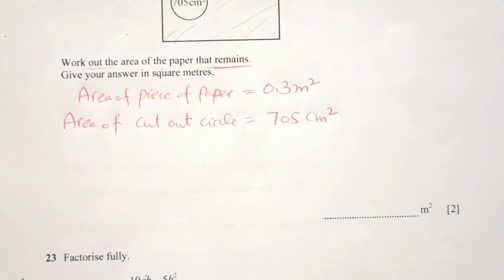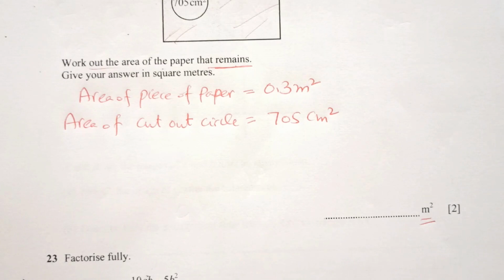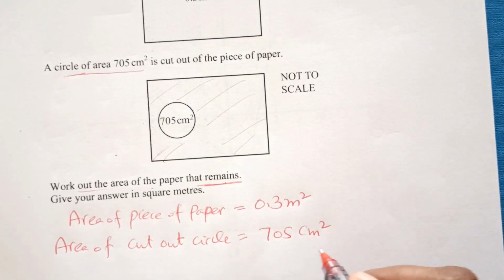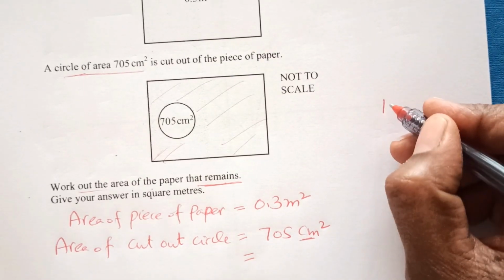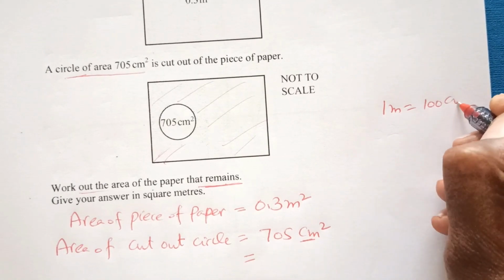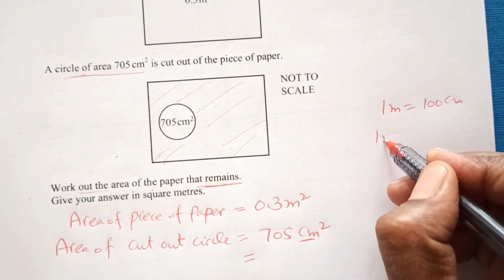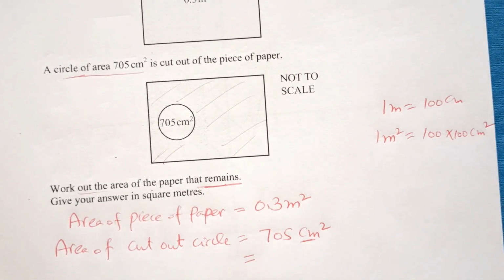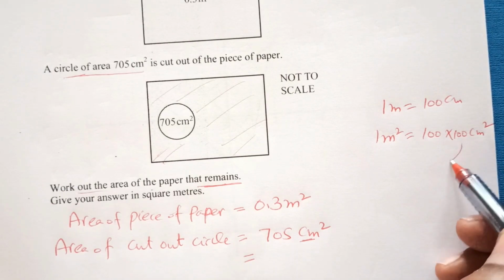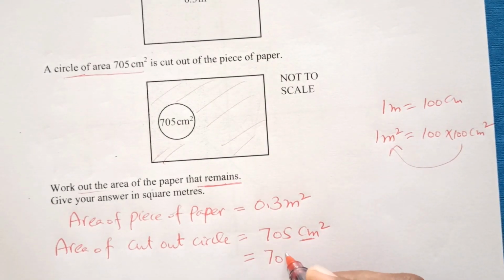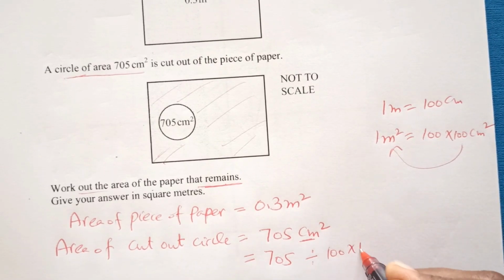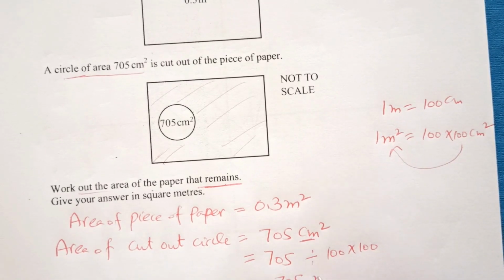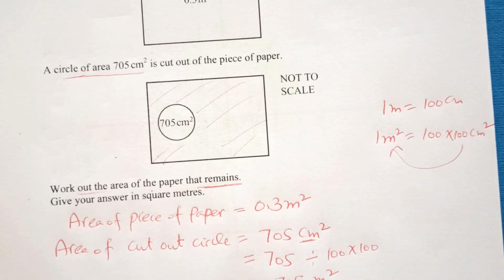Now you see your answer is supposed to be in meters squared, so we need to convert this to meters squared. As this is centimeters squared, 1 meter is equal to 100 centimeters, so 1 meter squared will be 100 times 100 centimeters squared. So we are converting from centimeters to meters, which means we divide by 100 times 100. This comes out to be 0.0705 meters squared.